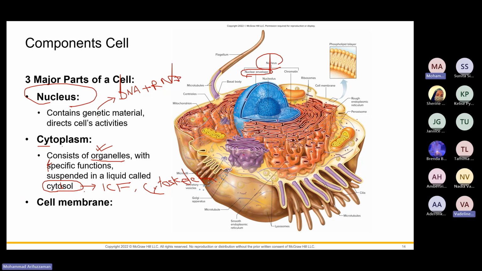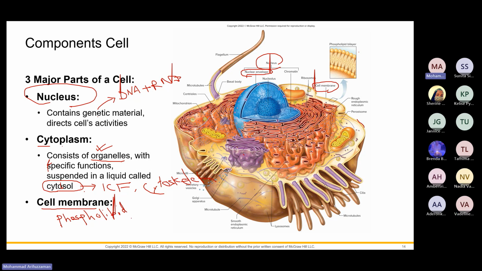And finally, the cell membrane is the boundary of the cell. You can see this is the cell membrane, also called the plasma membrane, which separates the cells from the external environment. The cell membrane is composed of a phospholipid bilayer. Please note, this is a very important exam question. Bi means two.